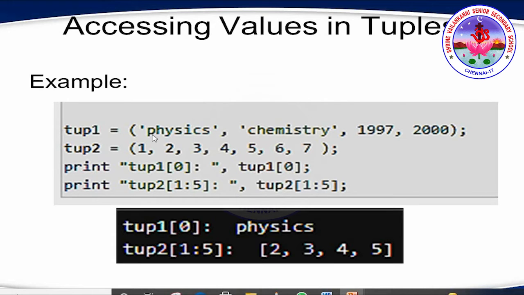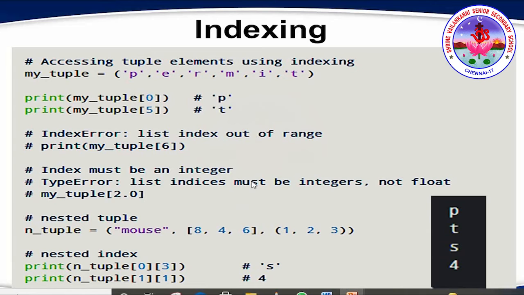It prints the whole word, that is the first element of tuple 1, that is physics. Tuple 2 of 1 colon 5 starts from 2, 3, 4 and 5. Till 5 it will be printed: 2, 3, 4, 5.